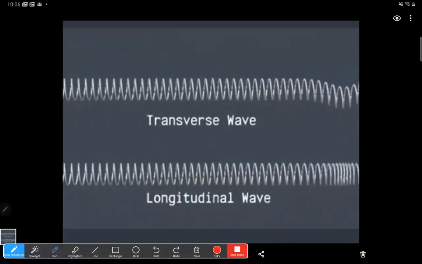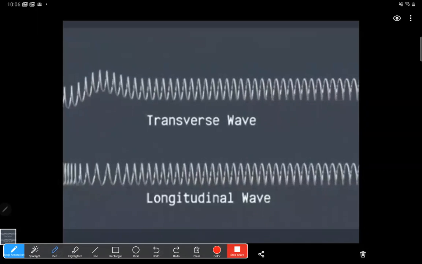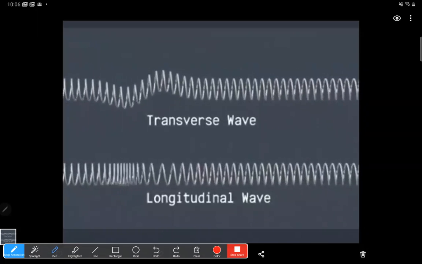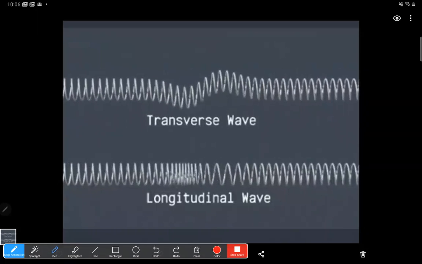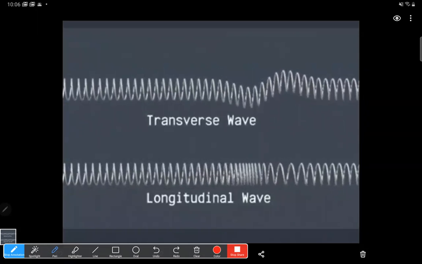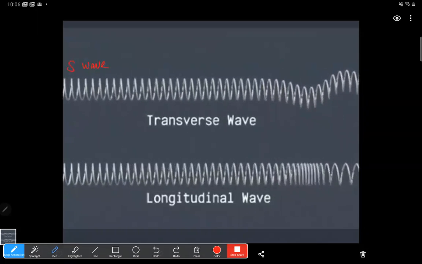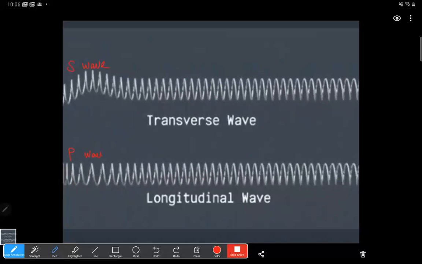So the first wave we call a transverse wave, or we can call this the S wave. Hold on, let me get this right. Yeah, this is the S wave. The transverse wave is called the S wave, and the longitudinal wave is called the P wave.